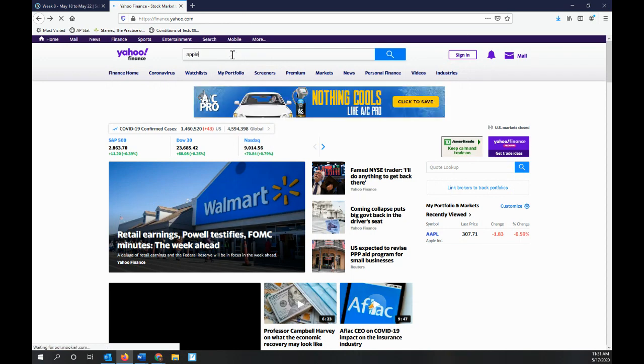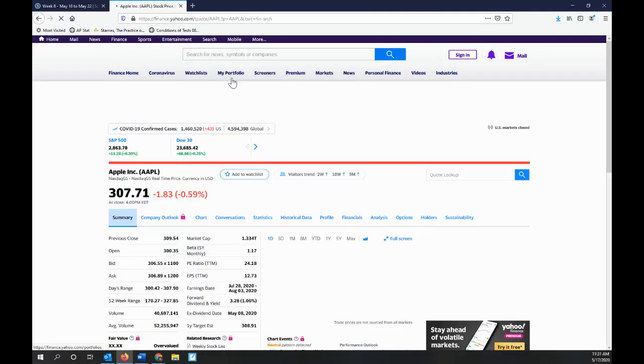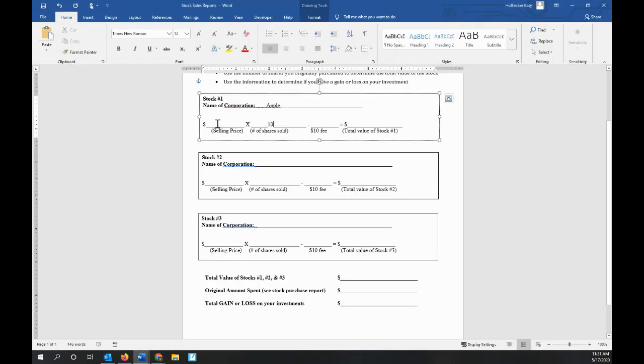Try one more time. There it goes. Apple, AAPL. And once this loads, I can now see the current selling price of Apple, $307.71. So when I go to my sales report, I am going to type $307.71.